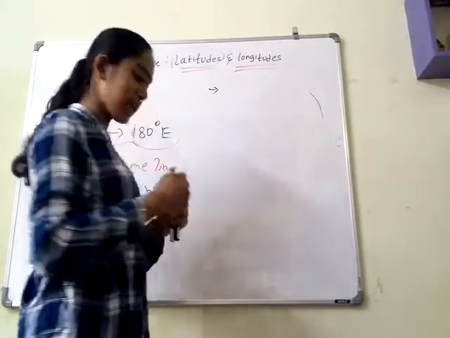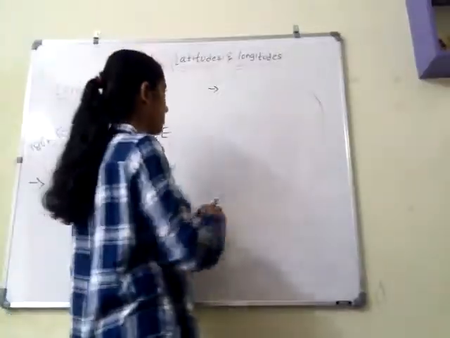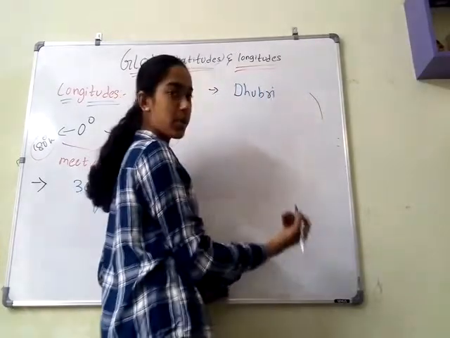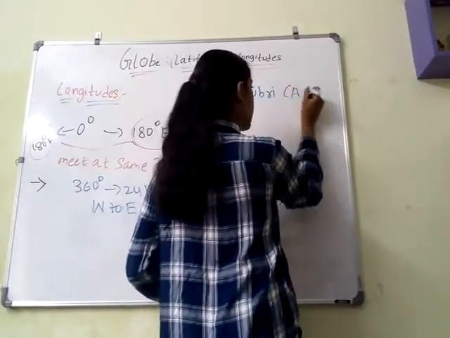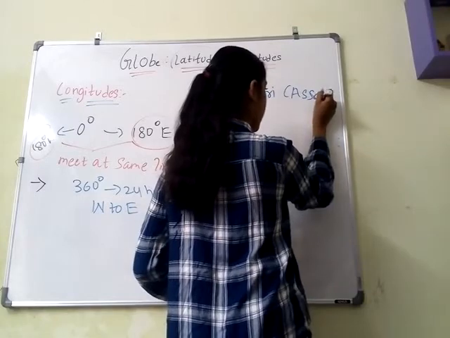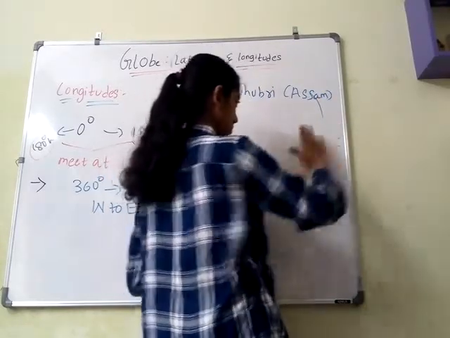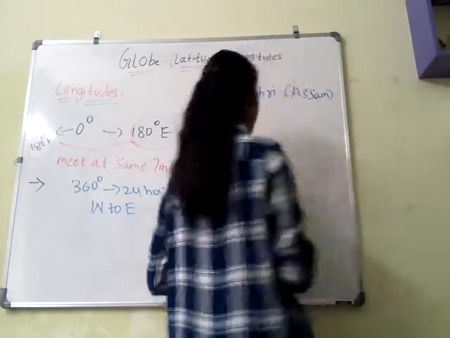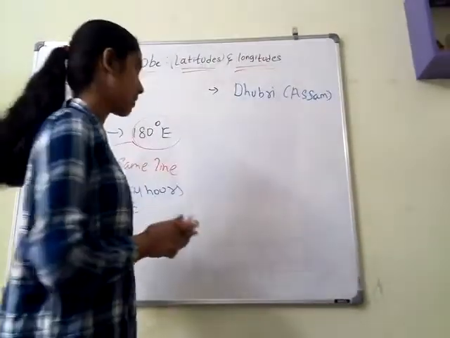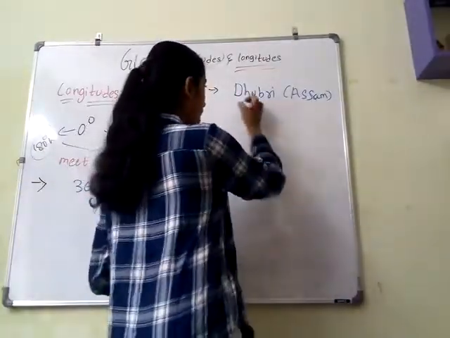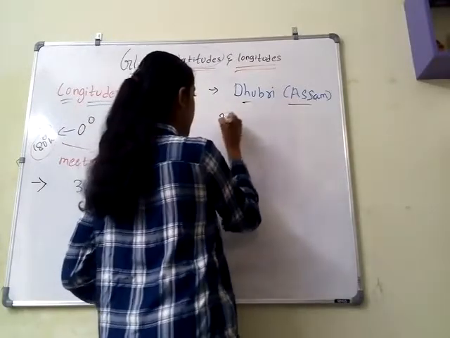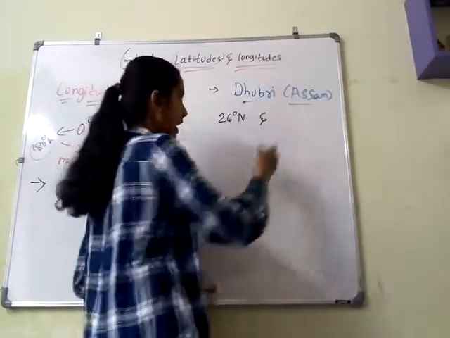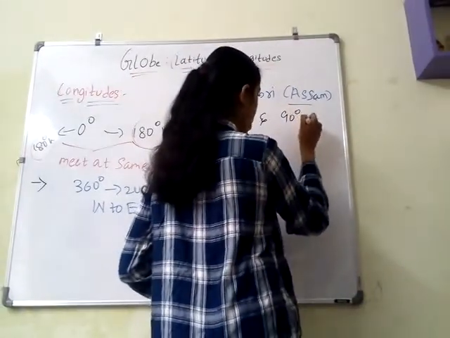You can take Dhubri in Assam, India. It is located at 26 degrees north latitude and 90 degrees east longitude.